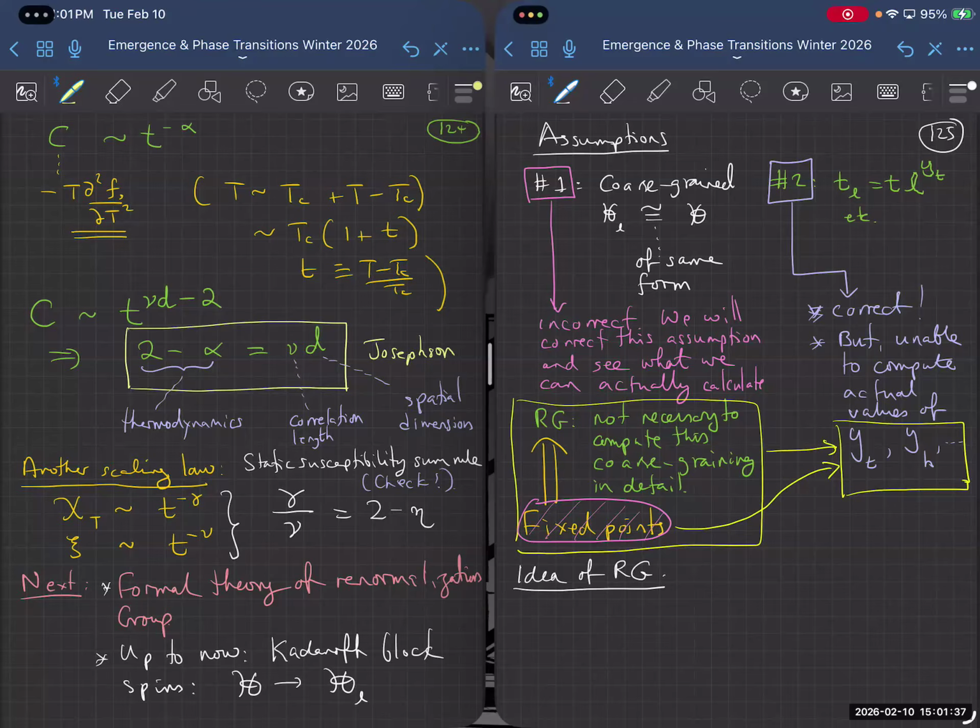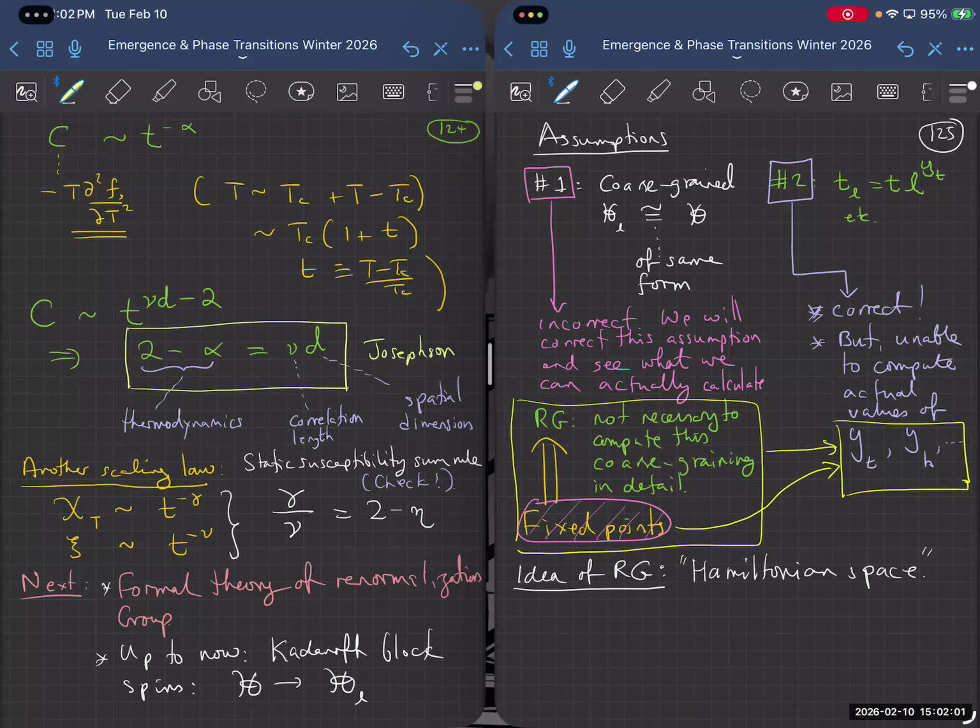So let me show you how we do that. Let's go back to formulating the Hamiltonian in a kind of space, which I will, as a physicist, loosely call Hamiltonian space. So what do I mean by Hamiltonian space?